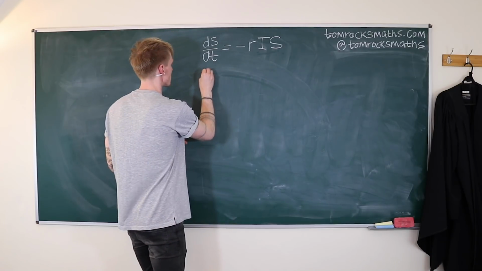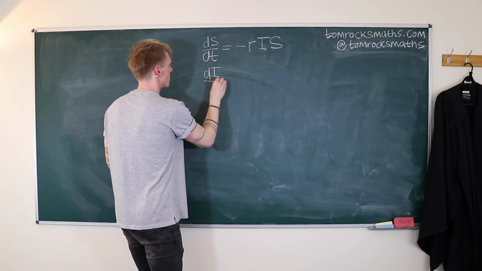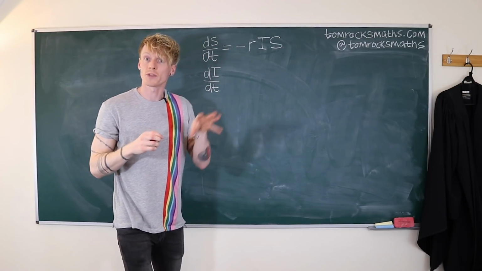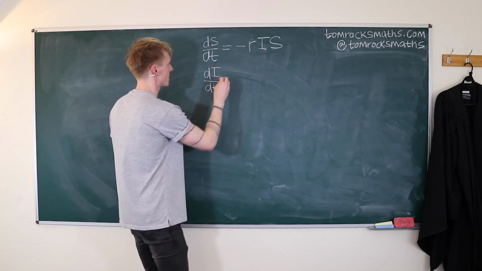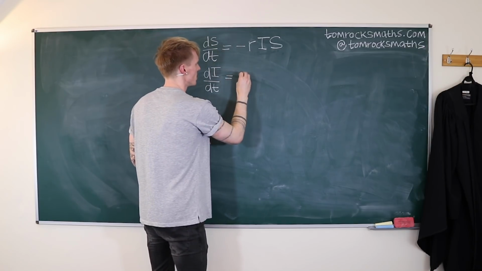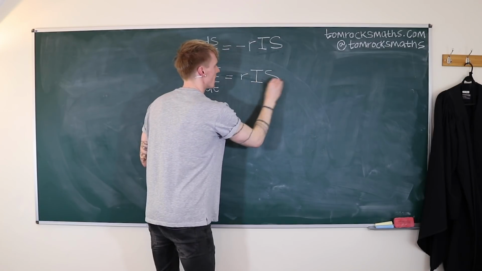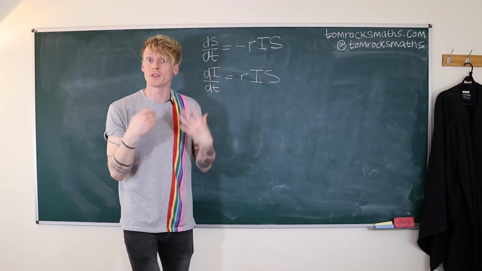Our second equation was for the number of infectives. And again, the time rate of change of the number of infectives, dI by dt. So now this increased by this same factor of rIS as people caught the disease.